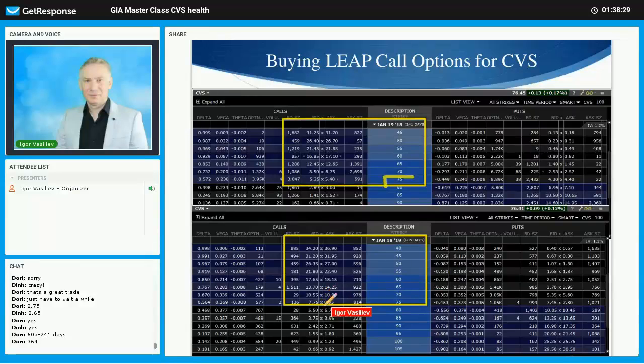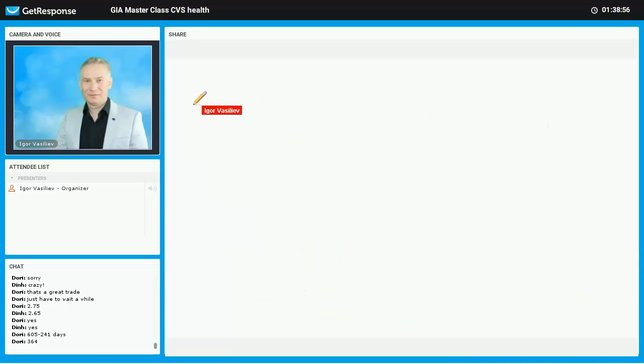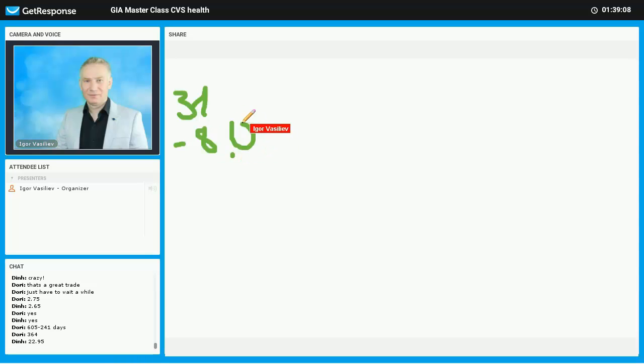Now if you calculate the profitability in this case, yes, your profitability will be lower. Let's have a look: if the share price moves up to $106, how much money are we going to make here? So here it's 106, the same $31, but here we minus $8.05, right?